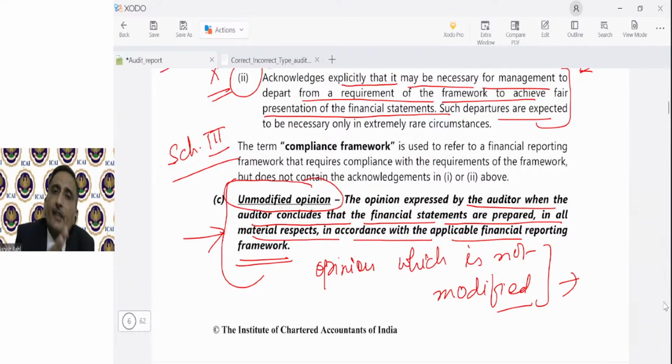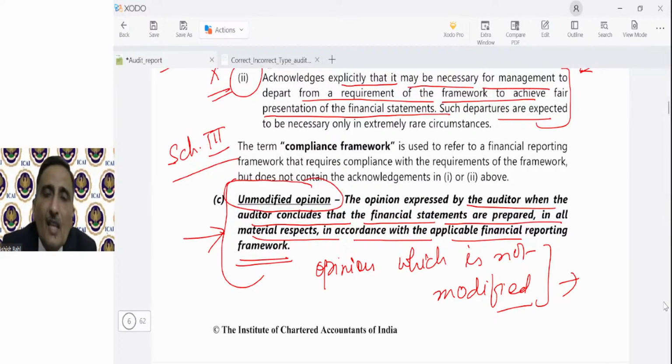And after performing the audit procedures, after obtaining the audit evidence and drawing and evaluating the conclusions, he has come to the understanding that the financial statements of that entity are prepared in all material respects in accordance with the applicable financial reporting framework.